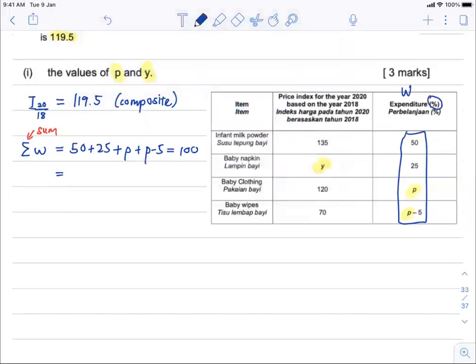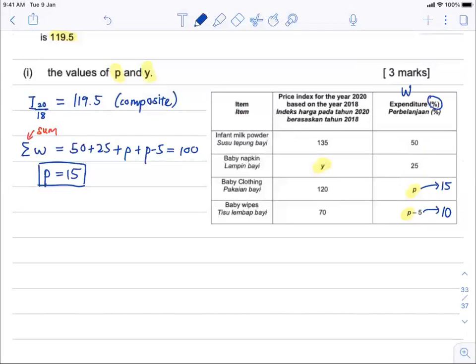So P would be equal to 15. Can write down over here. This one is 15. This one is 10. Okay, now we have P.